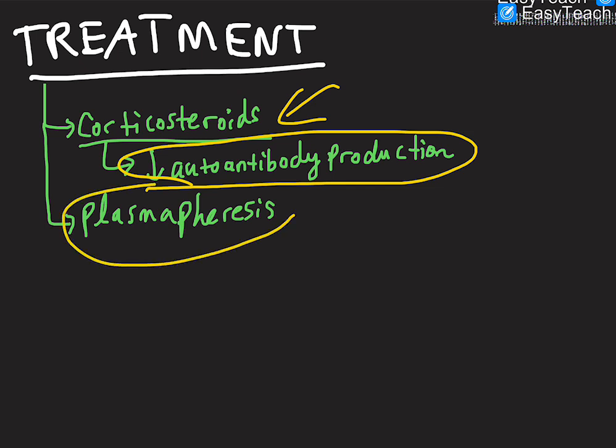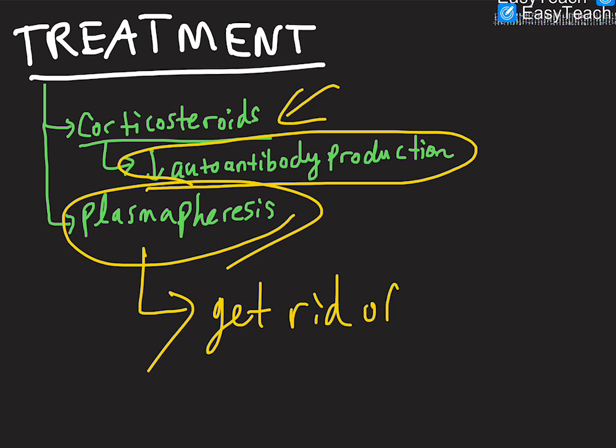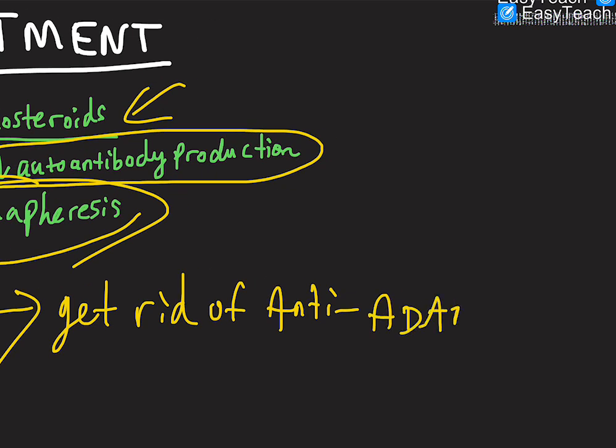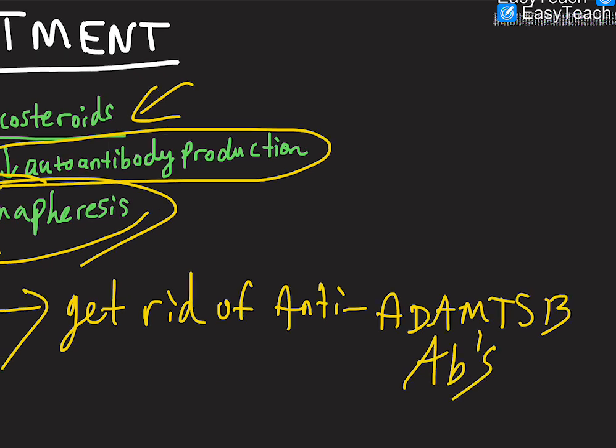But the main treatment would be plasmapheresis, where you take out the plasma of the patient, take out the anti-ADAMTS13 antibodies and put the plasma back in. So this can help get rid of the anti-ADAMTS13 antibodies. So yeah, that's basically it.